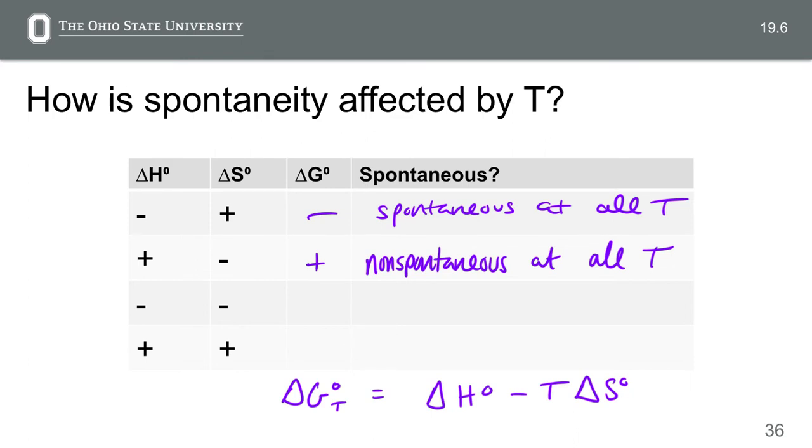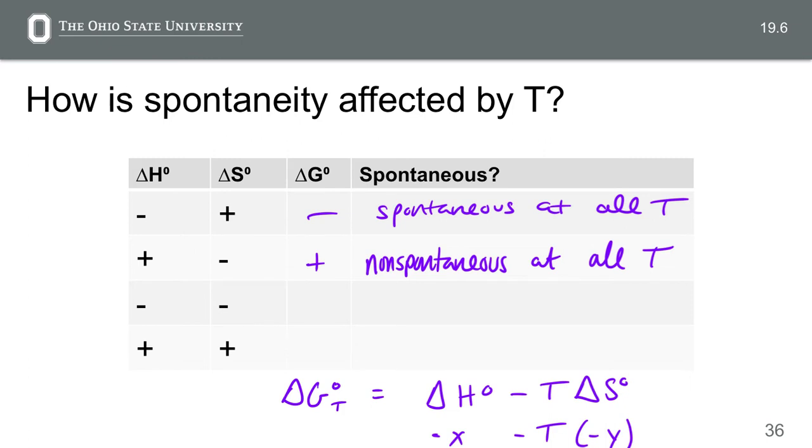Let's say we have a negative value for delta H and a negative value for delta S. What's the sign on delta G? It depends on the temperature.